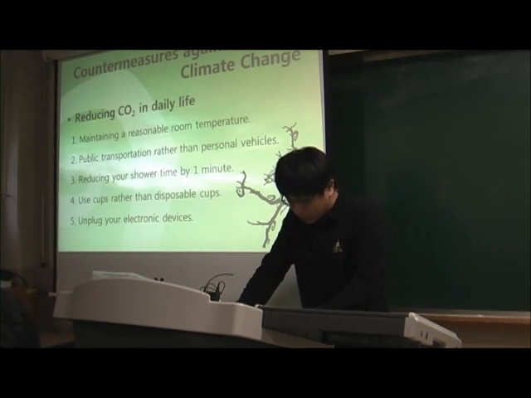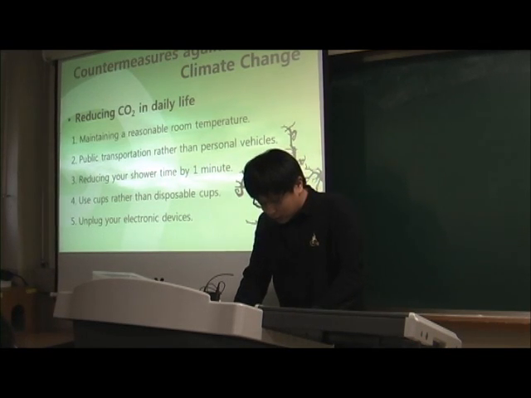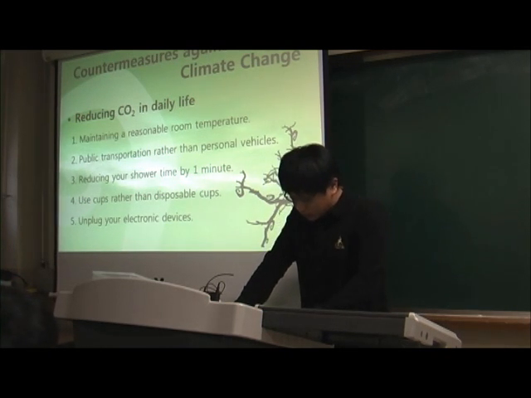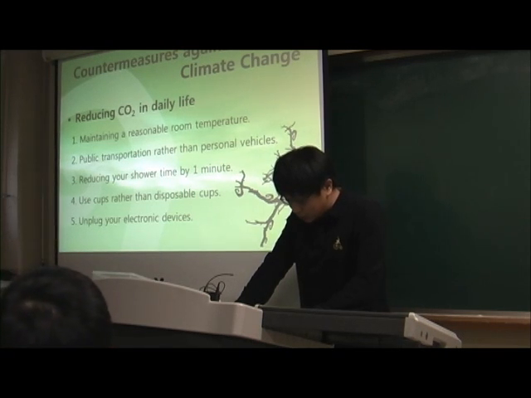First, maintaining a reasonable room temperature. Less heating by 1 degree Celsius in every house reduce 231 kilograms of carbon dioxide annually. Second, public transportation rather than personal vehicles. Use the public transportation, or if your destination is not that far, you can always walk or ride on a bicycle.